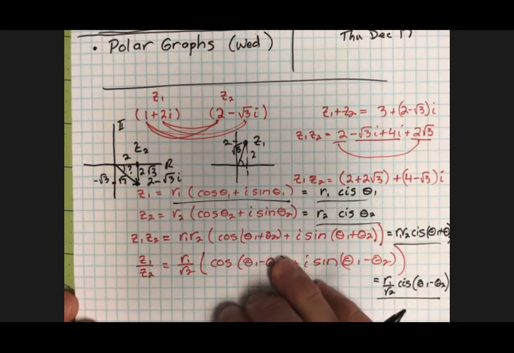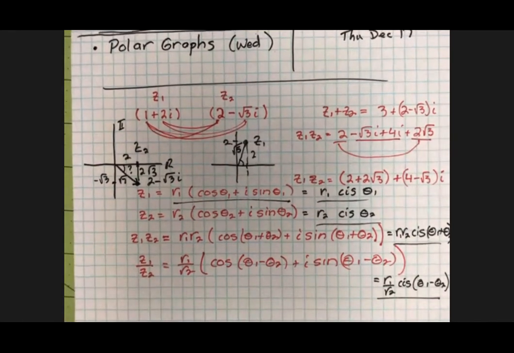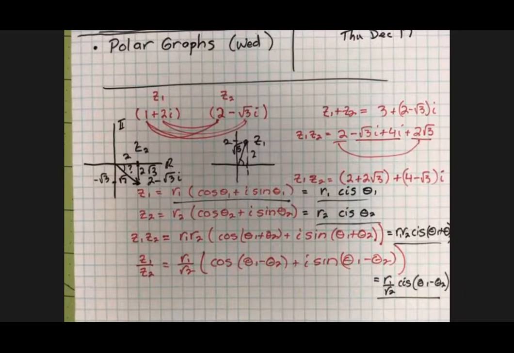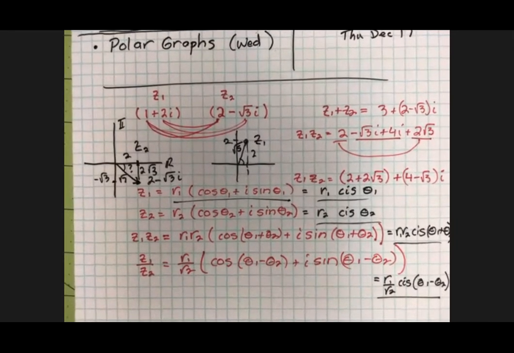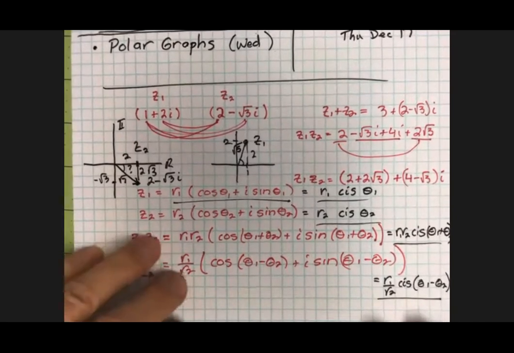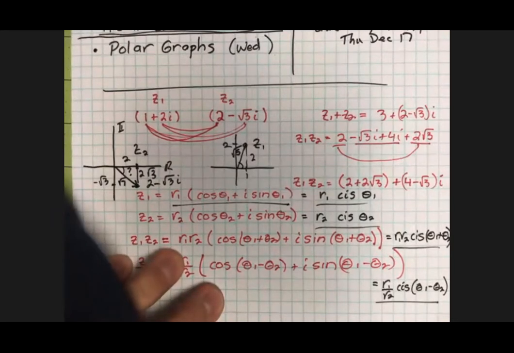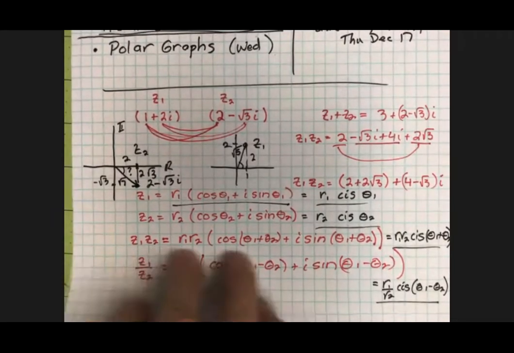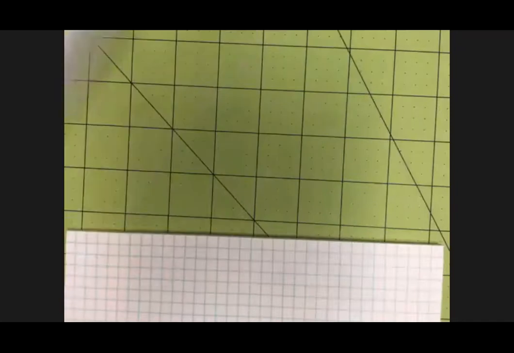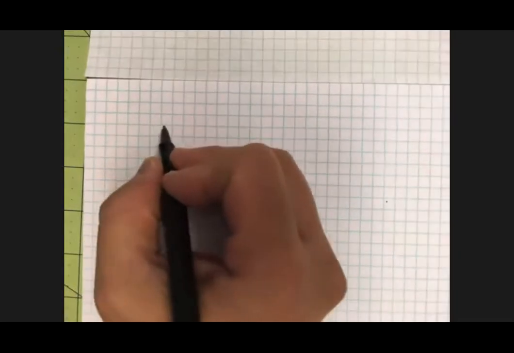Let's do another example and draw it more carefully. What if I wanted to do repeated multiplying instead of multiplying two different numbers? What would happen if I wanted to calculate powers of some complex number?